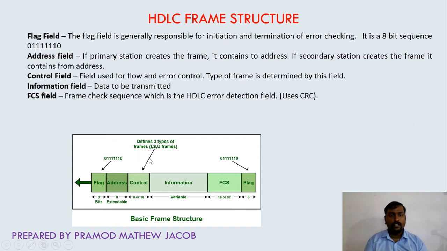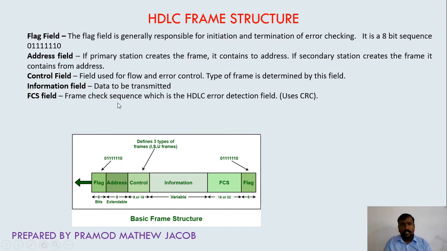So whenever the data is received by the receiver, whenever it gets a 0 followed by 6 ones and a 0, it will assume that the beginning of a frame has started, and then it will process the information. And whenever it gets the second flag, which is 0 1 1 1 1 1 1 0, it will assume that the end of the frame is reached. So this is how the data transmission takes place.